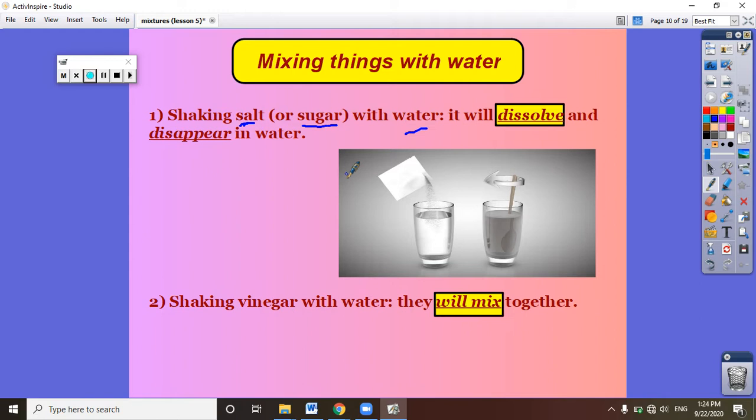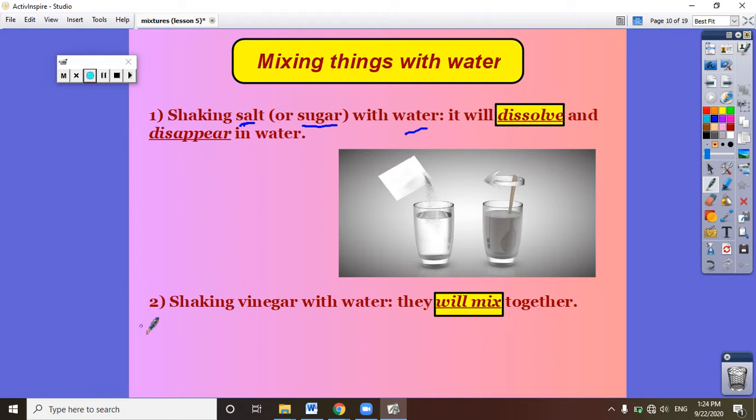We add salt or sugar to water and stir it or shake it. What will happen? The sugar will dissolve in water, and if it is salt, the salt will dissolve in water. What is the meaning of dissolve? Disappear. So if we put some sugar in water and stir it or shake it, the sugar will disappear, and also the salt. The sugar will dissolve.